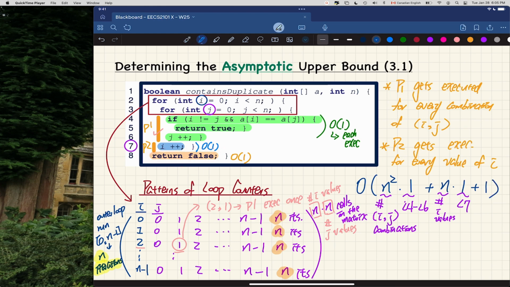Let's do a little bit more calculation. It's going to be Big O of n squared plus n plus 1. Easy. Drop all the lower terms. There's no multiplicative constant to drop for the highest term, n squared. So that'll be the final answer, which matches our guess in the beginning, which is good.